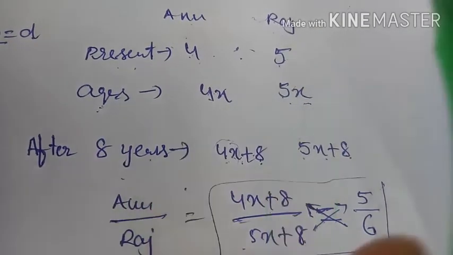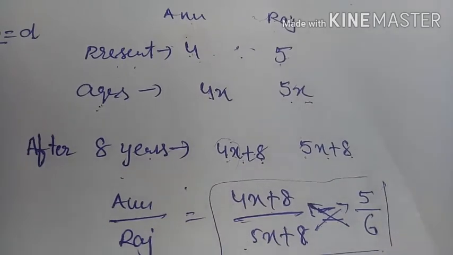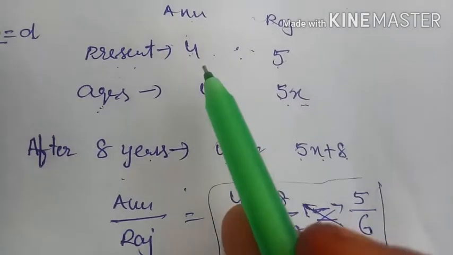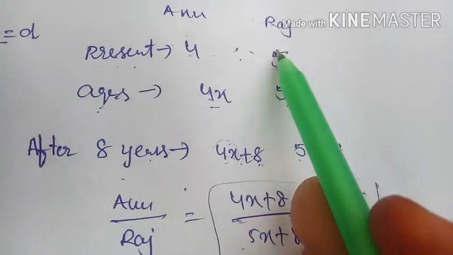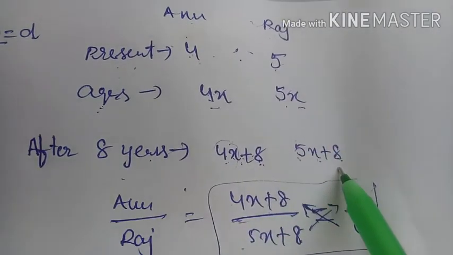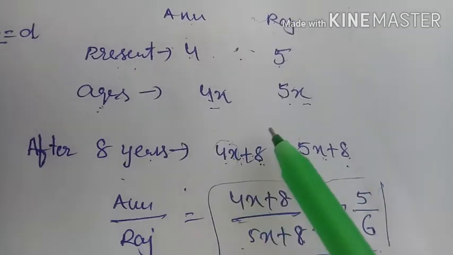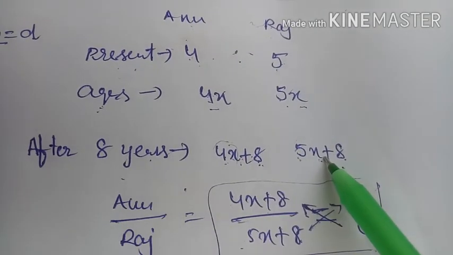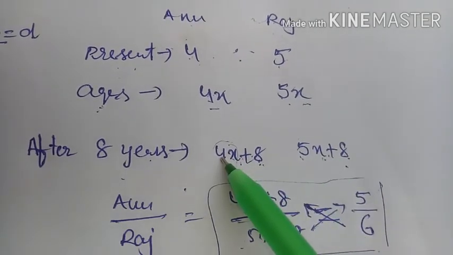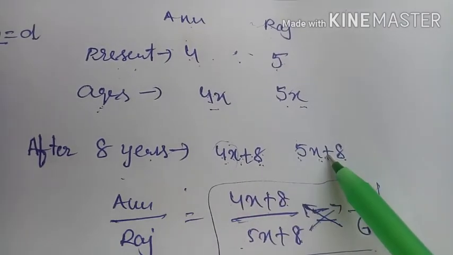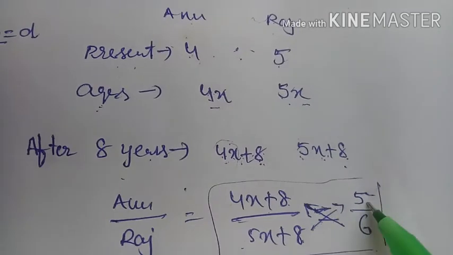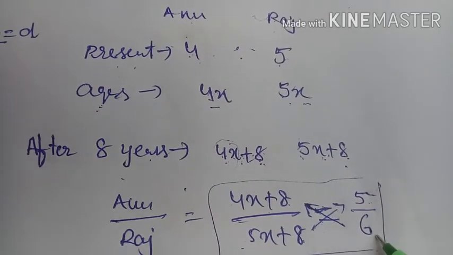After 8 years from now, Anu's age is 4x plus 8. At the same time, Raju's age becomes 5x plus 8. They gave the ratio of these two ages, so how can you write it? 4x plus 8 by 5x plus 8 is equal to 5 by 6.